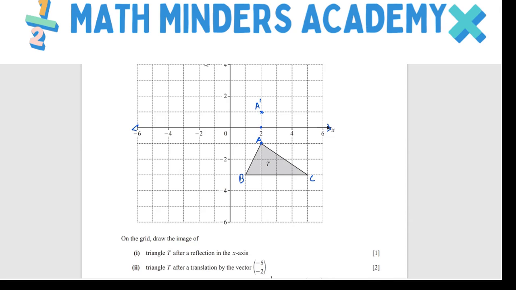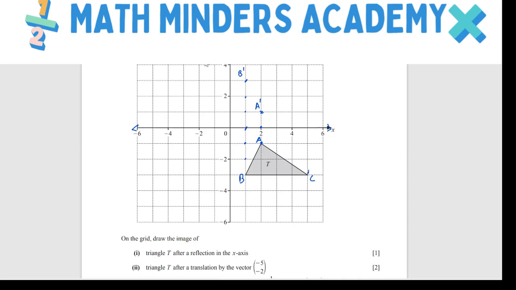Then let's go to B. If we go up, B is 1, 2, 3 steps to the S-axis. So we are going to take 3 steps away from the S-axis. So we take 1, 2, 3. Okay, we are going to have B prime here, which is the image of B. Now look at C here.